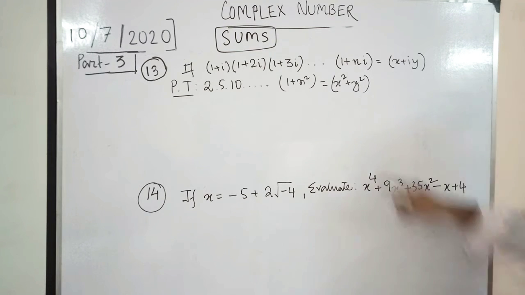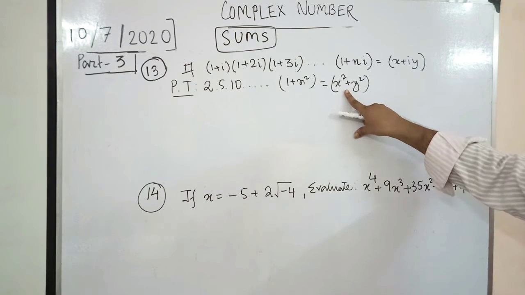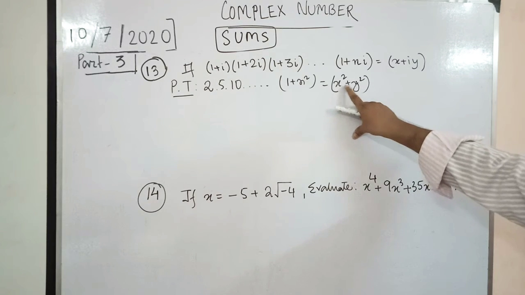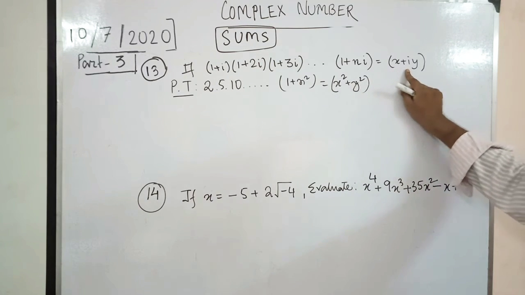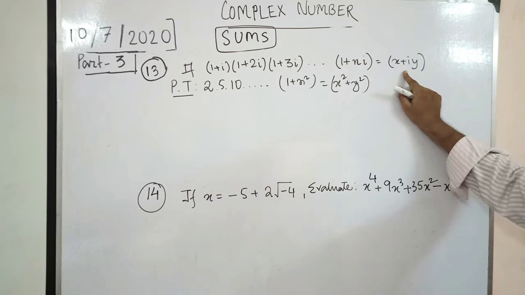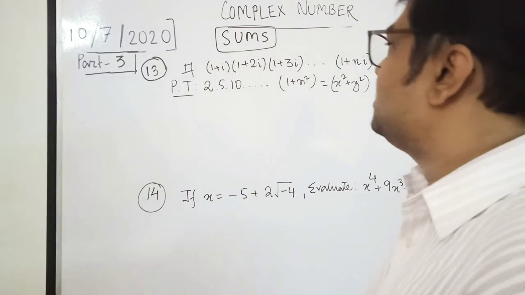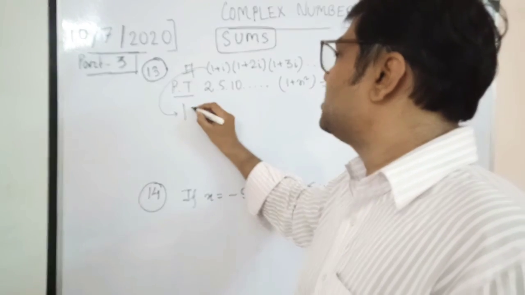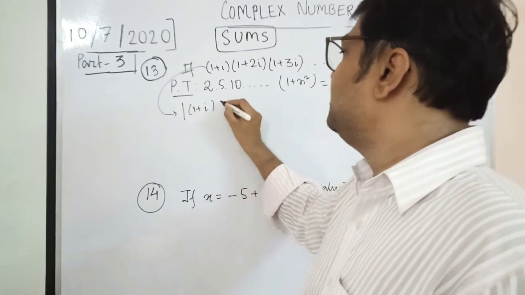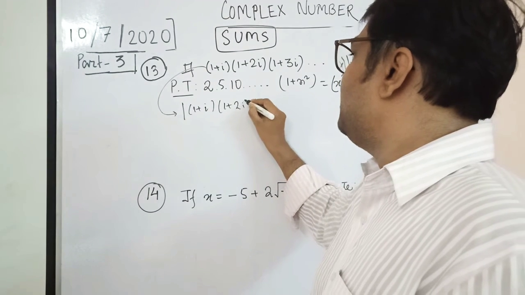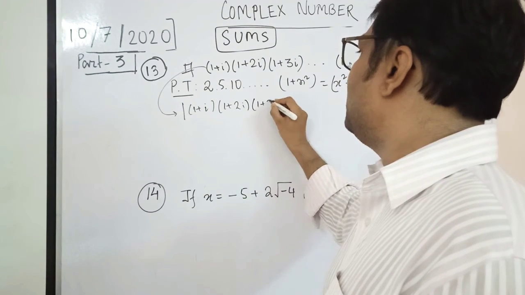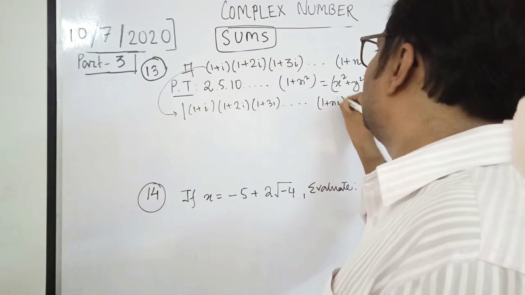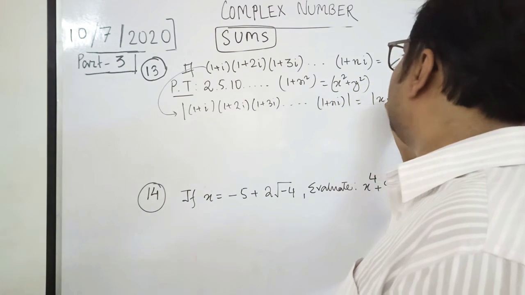Now the clue is, please see this, x square plus y square. Whenever you see this x square plus y square, immediately you know that it comes by modding this x plus iy. That means the mod has to be done on both sides of the given expression. So I write the whole thing 1 plus i, 1 plus 2i, 1 plus 3i, and I am modding both the sides.